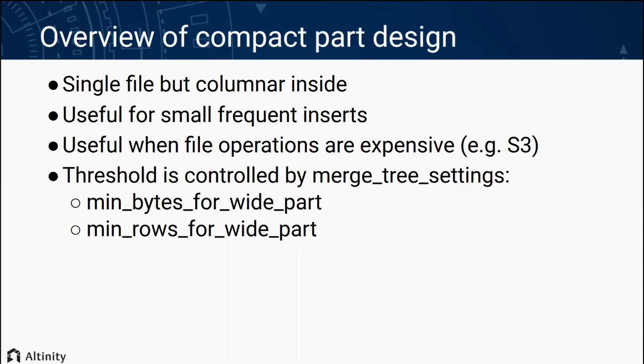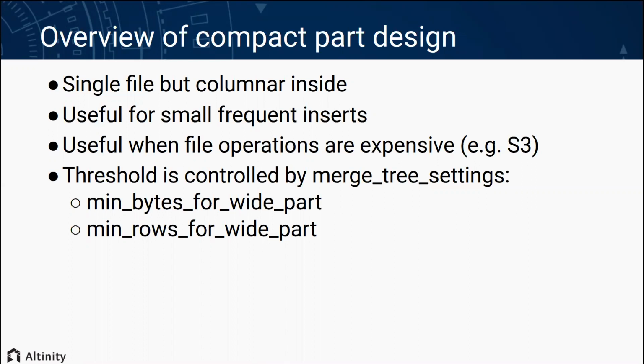On the other side, when we need to query data, it performs worse than the original columnar design, because ClickHouse has to do file seeks, and it's not as efficient as reading files.